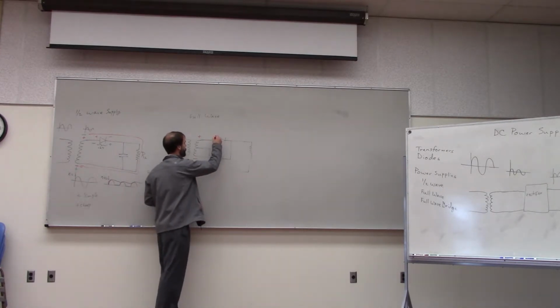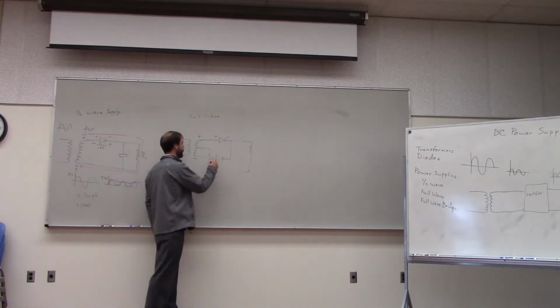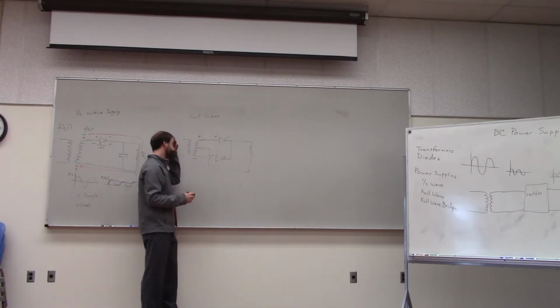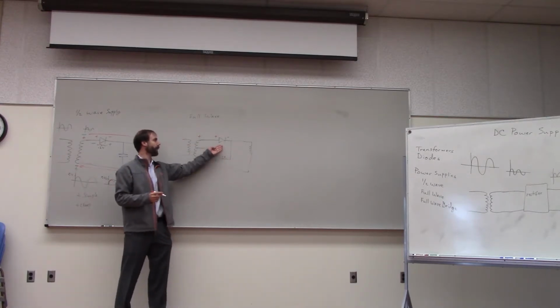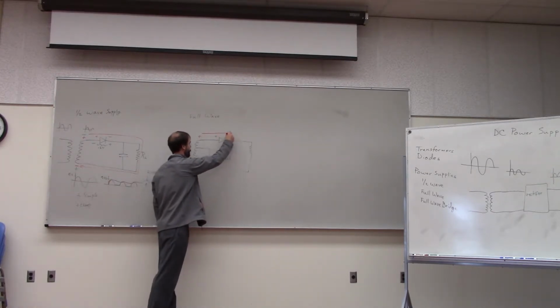Here we have a positive voltage on the left side of the diode and a negative over there. So, is this top diode forward biased or reverse biased? Forward. Perfect. So the electricity flows through there.